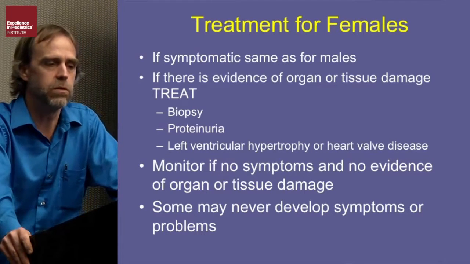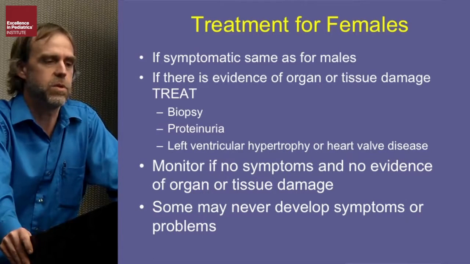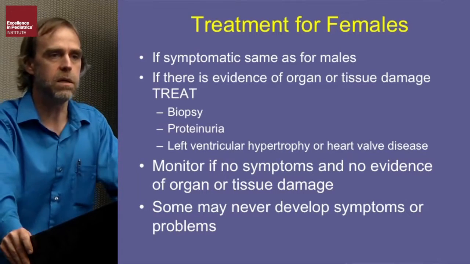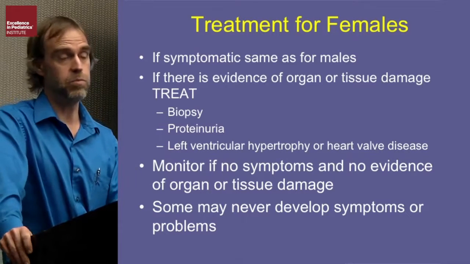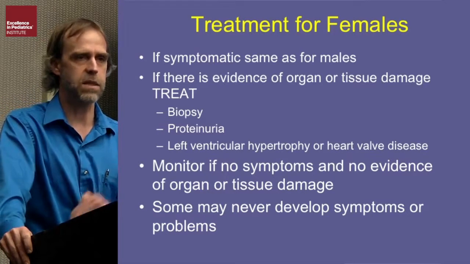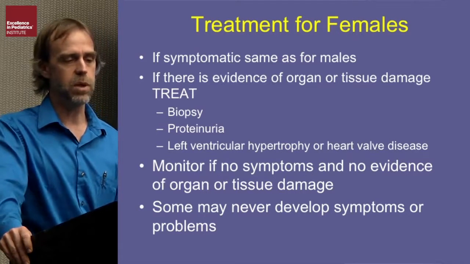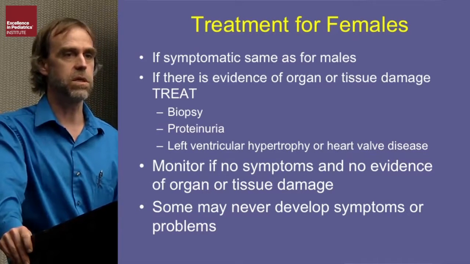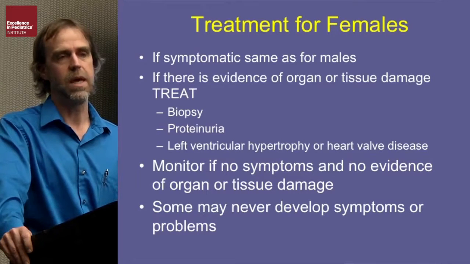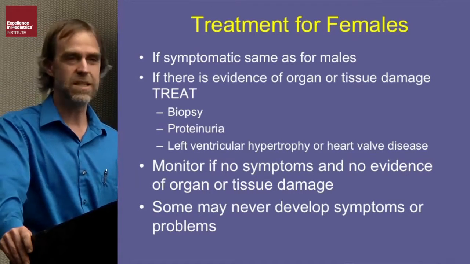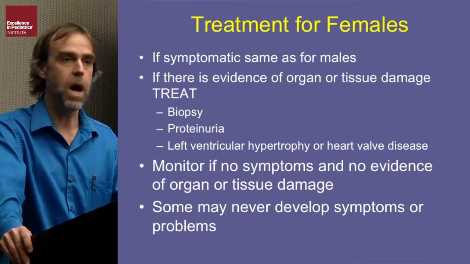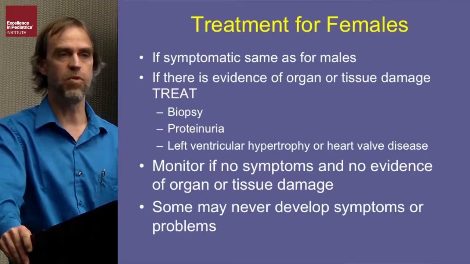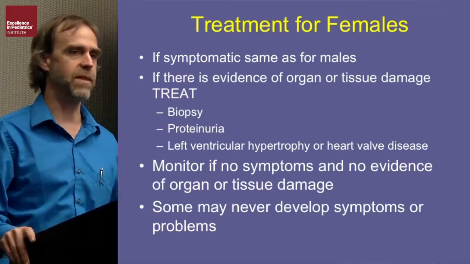Okay. Treatment for females is a little bit different than treatment for males. In my male patients, if the mutation that they have predicts classic Fabry disease, I typically recommend that they consider starting therapy even without any symptoms at about age 10. If they have any symptoms, even if they're mild, I start therapy at that point, before age 10.